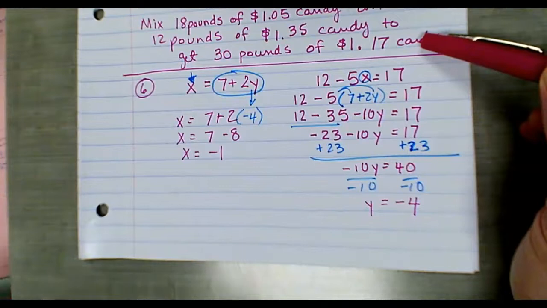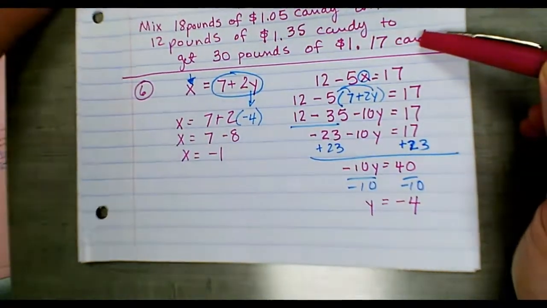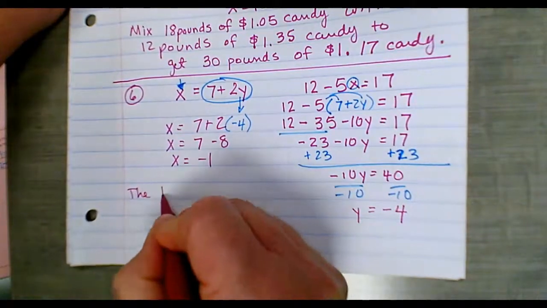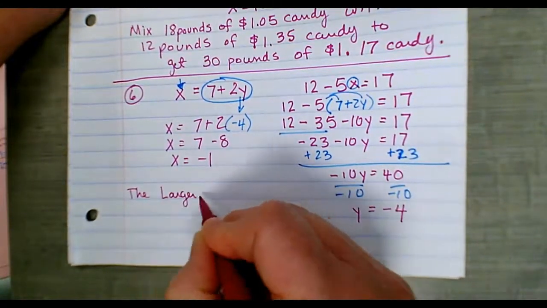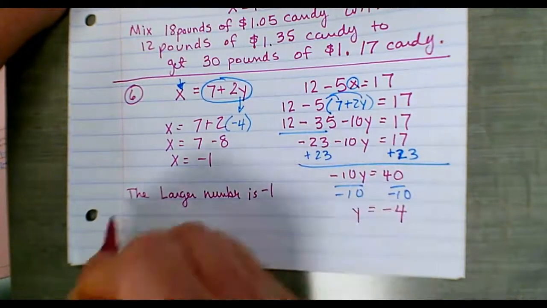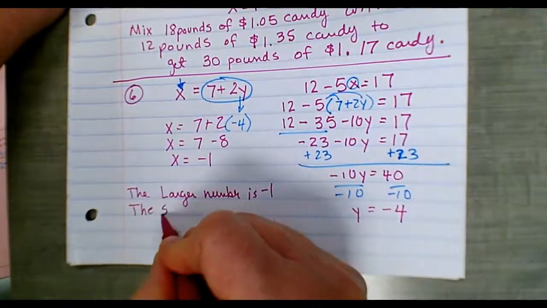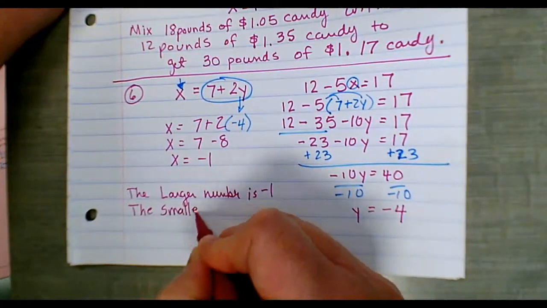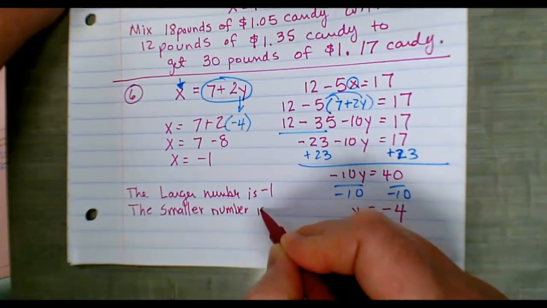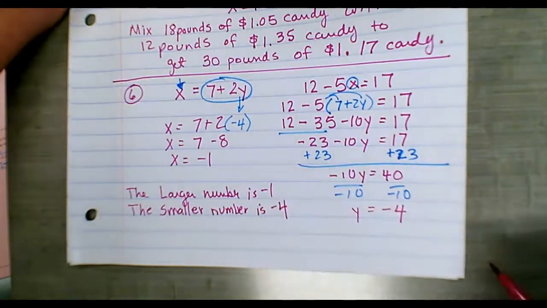Yes, because negative numbers are backwards. So the larger number is negative 1. The smaller number is negative 4.